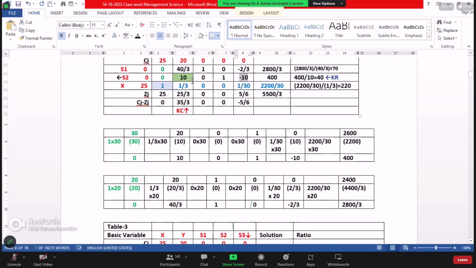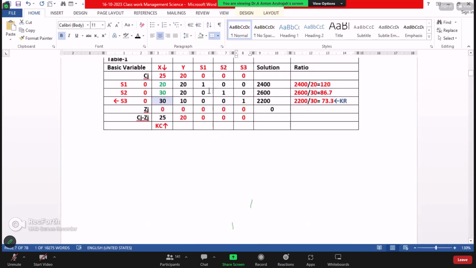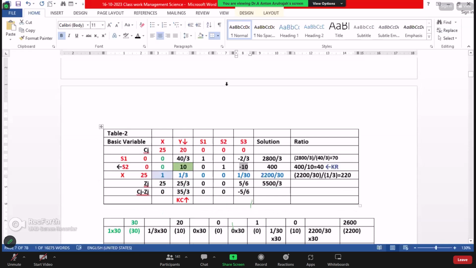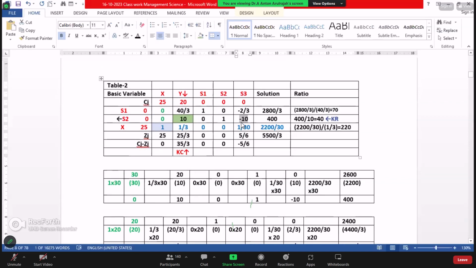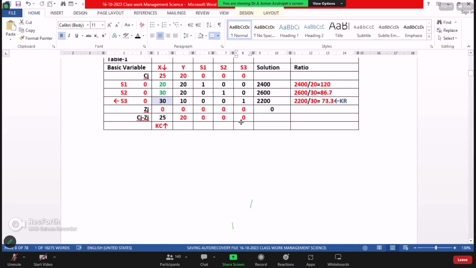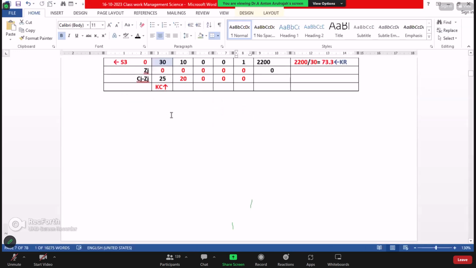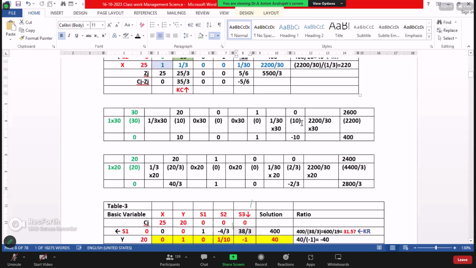Key value, no? So the table number 2. Calculation.